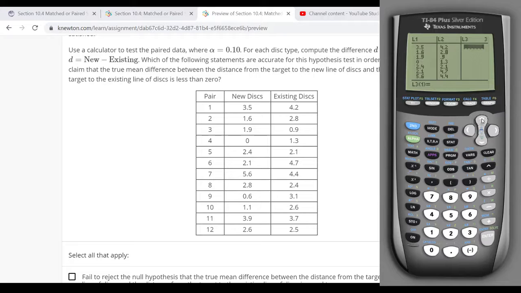And what we do with all these paired data sets, or dependent samples, is go to list L3 and make a list of the differences between these L1 values and L2 values. They told us to take the new minus existing, so in L3 the values will be the L1 values, the new distances, minus the L2 values, the existing. So you see L3 here. This is the list I'm going to focus on, the list of all the differences.